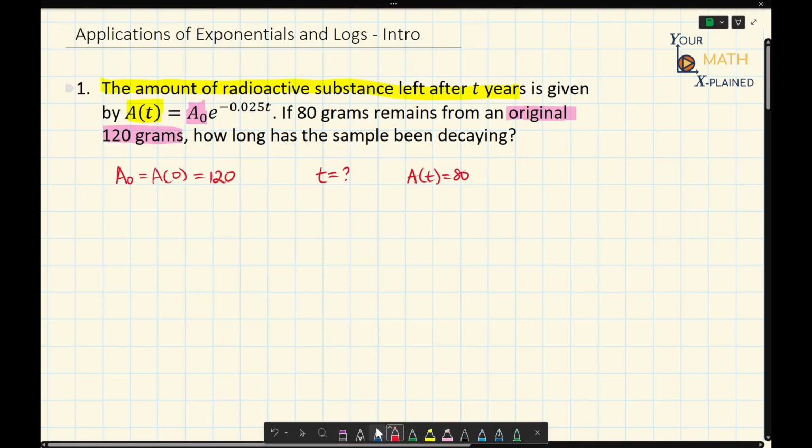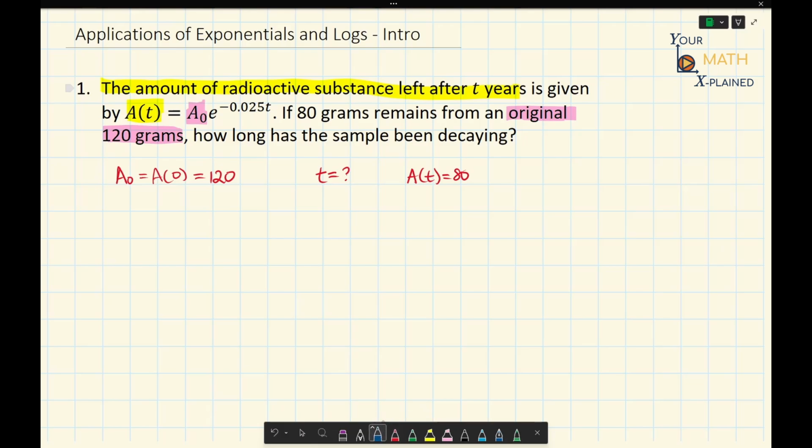So by taking these values and substituting into the original equation, we're going to get 80 is equal to 120 times e to the power of negative 0.025t. And now to solve this, we're going to divide both sides by 120. So the left-hand side, we're going to get 2 over 3 after we simplify.